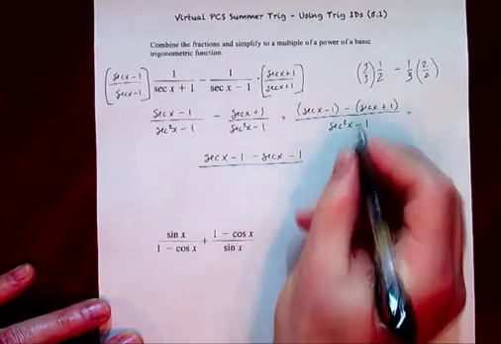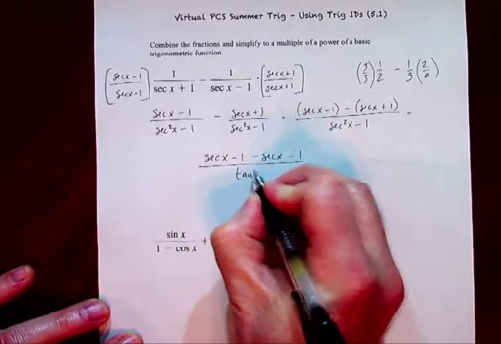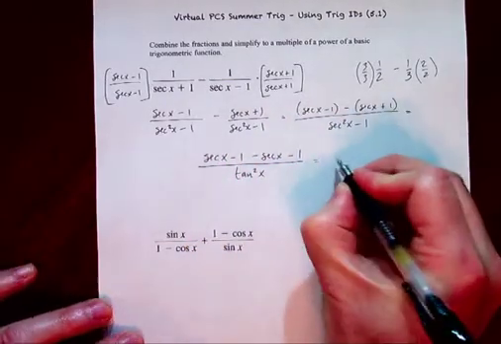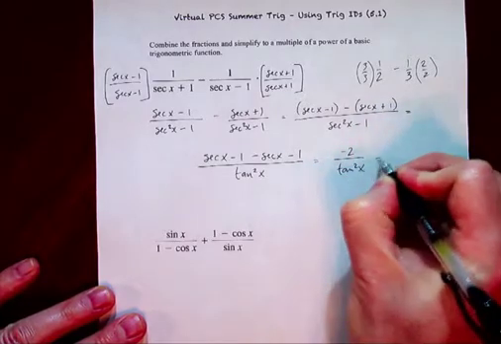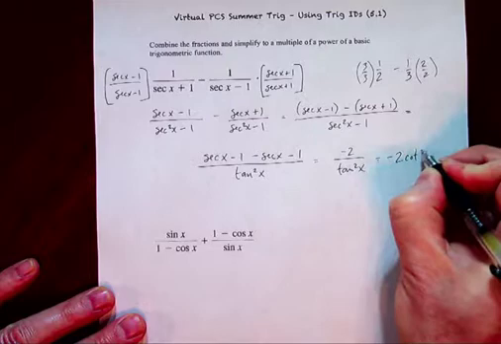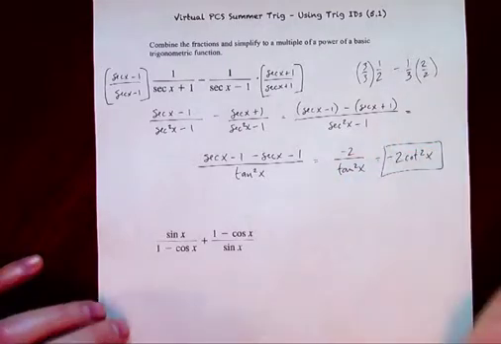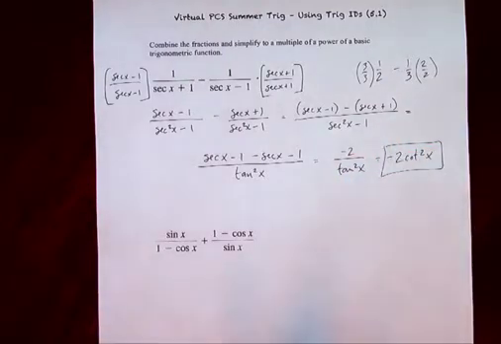And let's go ahead and change that denominator now. That's tangent squared x. That's going to be negative 2 over tangent squared x, or negative 2 cotangent squared x. That is much simpler than that. Okay? And now I hope by walking through this, you're starting to get an inkling of why this is valuable.